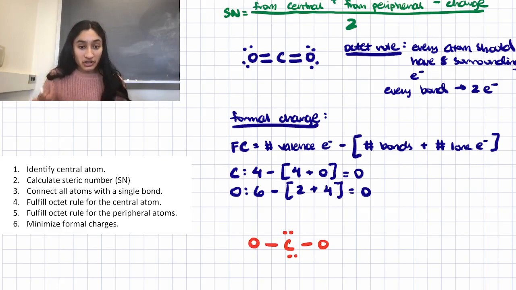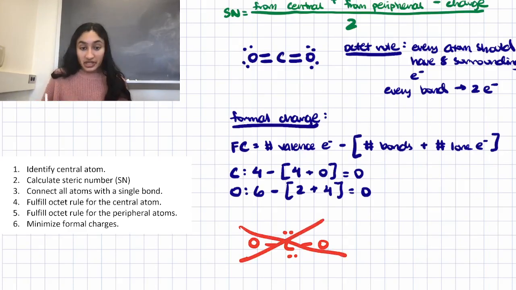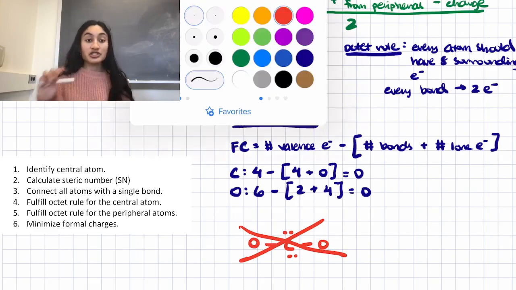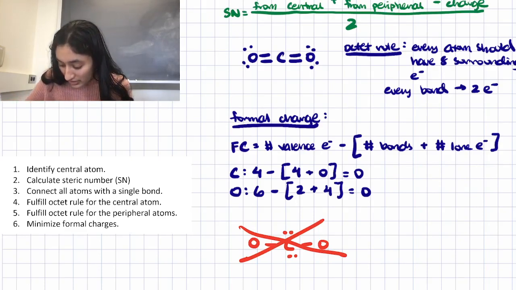However, this would be incorrect because now this no longer fulfills the steric number for the carbon, because in this Lewis structure, it has 4 electron domains around it. 2 for the bonds, and then 2 for the lone electron pairs. So this would not fulfill the steric number, and because steric number is more important than octet rule, this would be the incorrect structure.